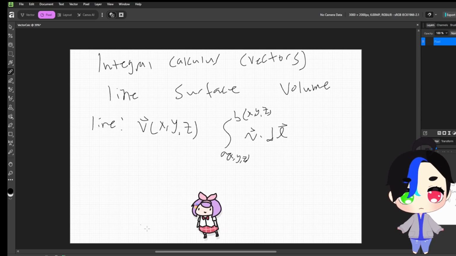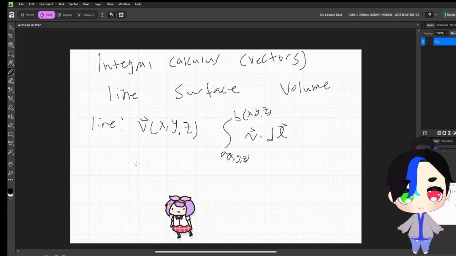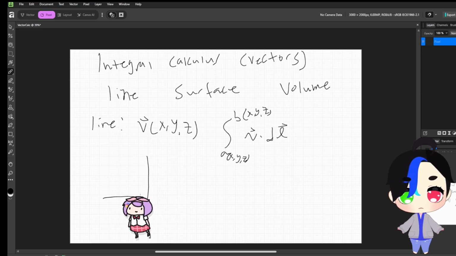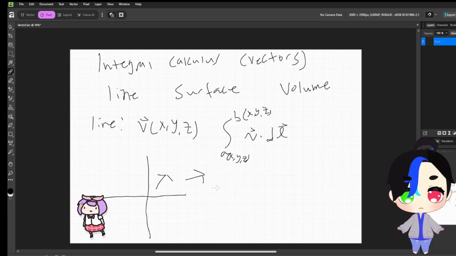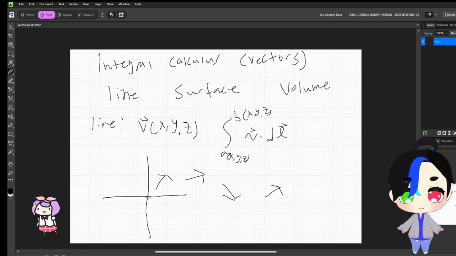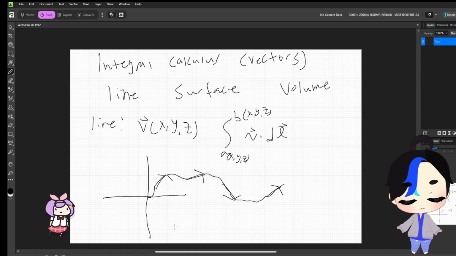I don't know how to annotate, but okay. So if I had some vector field that did this, the line integral would add up all the contributions from these vectors over a given path. For instance, this path.